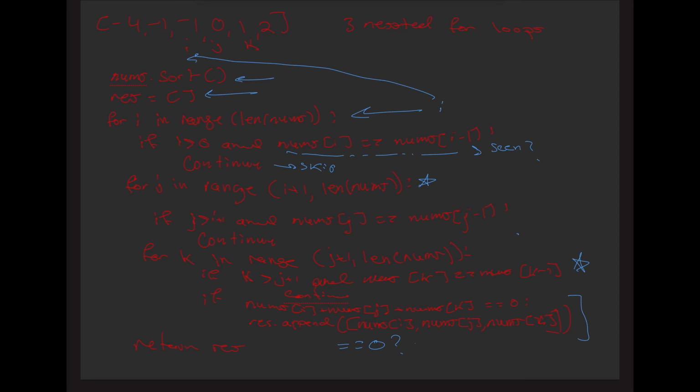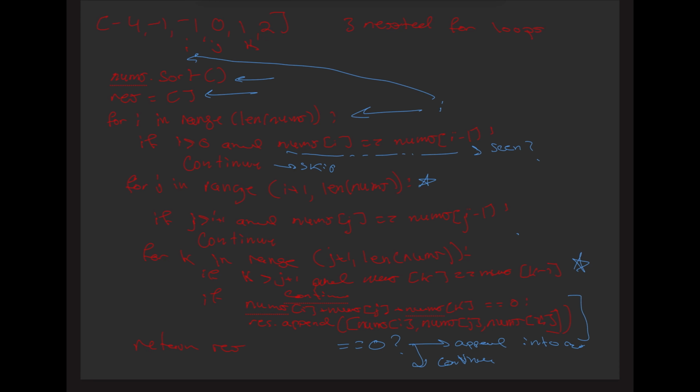If so, then we append into result. If not, then we continue. This way you are satisfying the requirement of finding which combination values add up to 0, sorry, and they are unique.